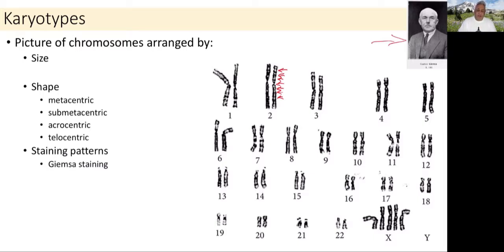So let's have a look at what a karyotype is. A karyotype is basically that. It's a picture, a micrograph of chromosomes taken at a point when they're visible inside the cell. If you recall with the cell cycle, only during parts of the M phase are chromosomes visible.